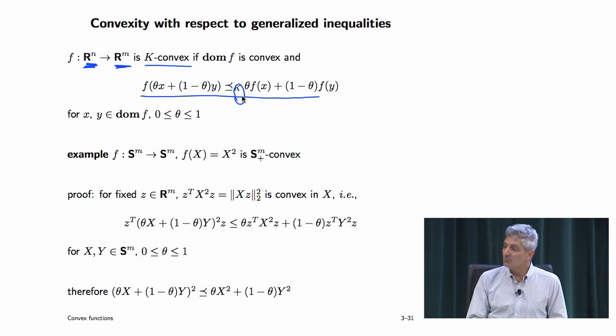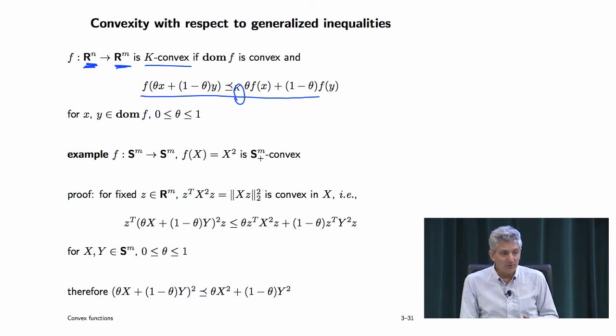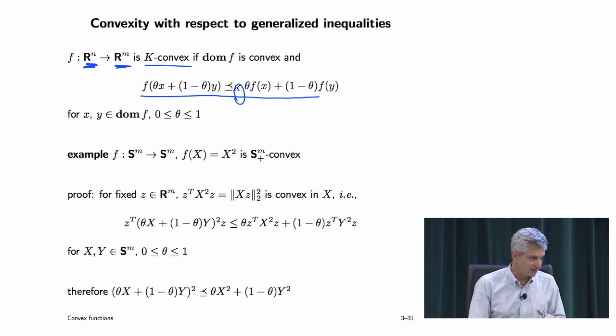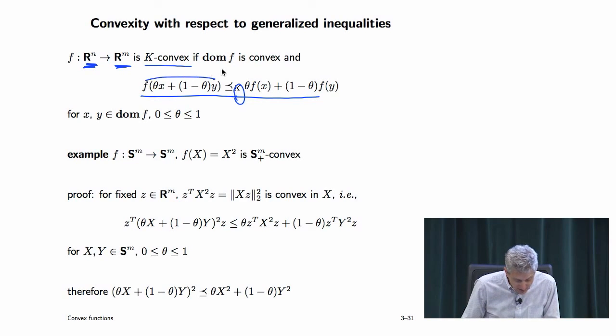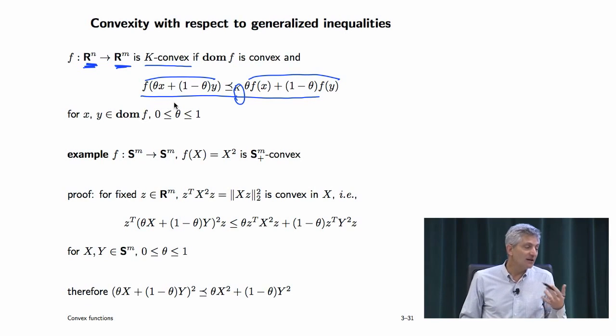Now this mostly only comes up in a couple of places. For example, if these are symmetric matrices, and that's matrix inequality, then a function that is k-convex with respect to the positive semidefinite cone is called matrix convex.